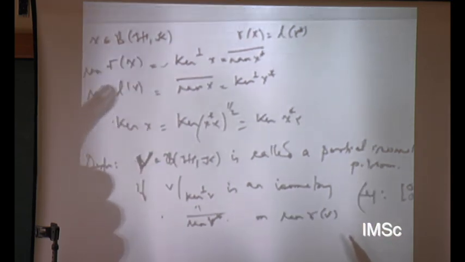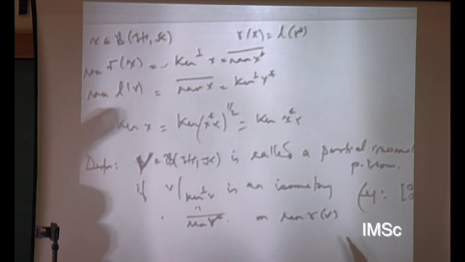Right? RV was kernel perp V. So this thing is called repeatedly.